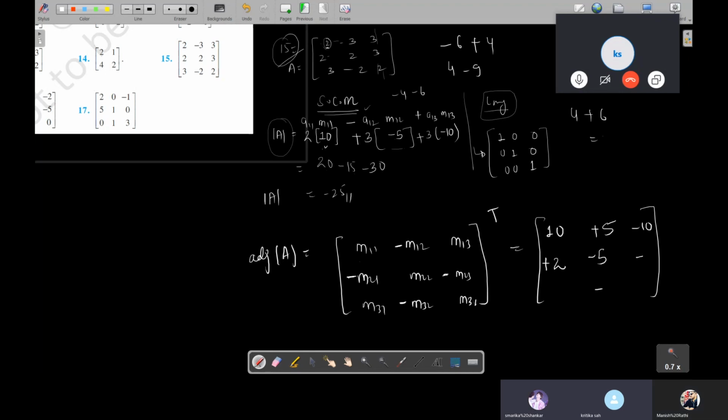I think m12 is wrong. m12 should be 2 times 4, 4 minus 9 is minus 5. Can you check it again? If you hide this, you will be left with 2 into 2 is 4. m21. Okay, let us check. Second row, first column. Minus 3 into 2 is minus 6.